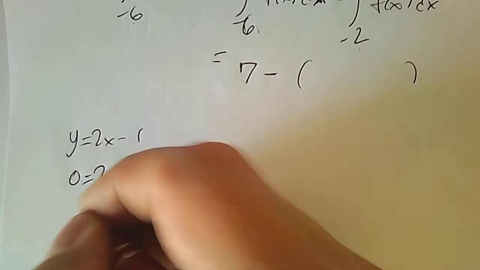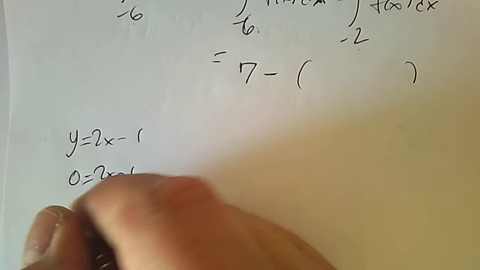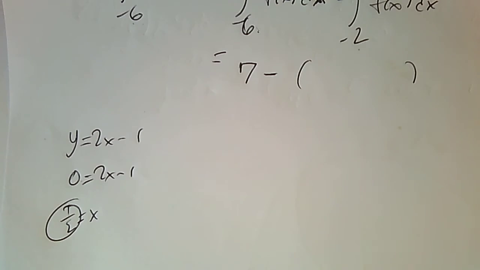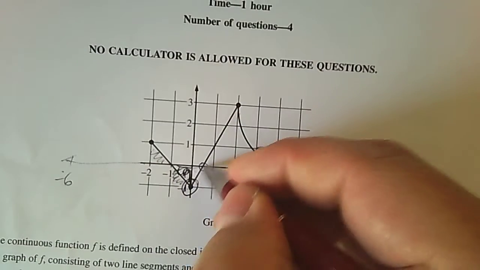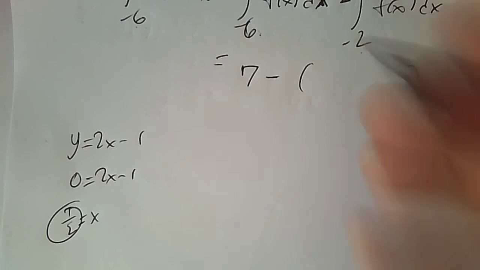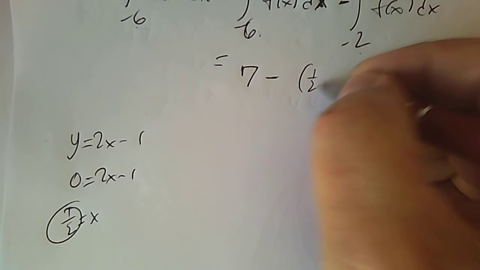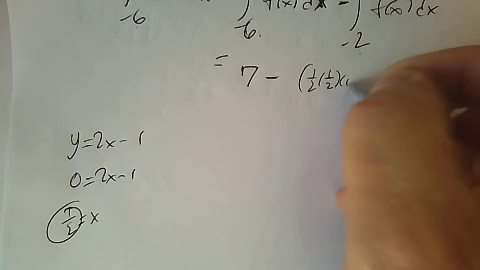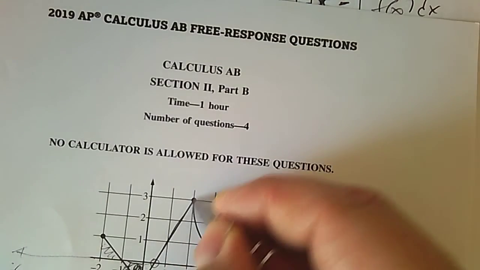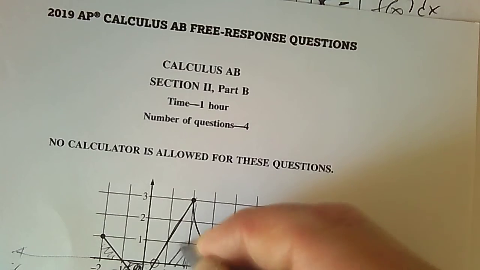What is that x-intercept? If you add 1 and divide by 2, you can see that x value is 1/2. So if I want to find the area of that little triangle underneath there, it's half of a half times 1. So 1/2 times 1/2, times 1. And I know that answer is going to be negative because it's below. So there's a start. Next, we have another triangle right here that I'm going to find the area of.